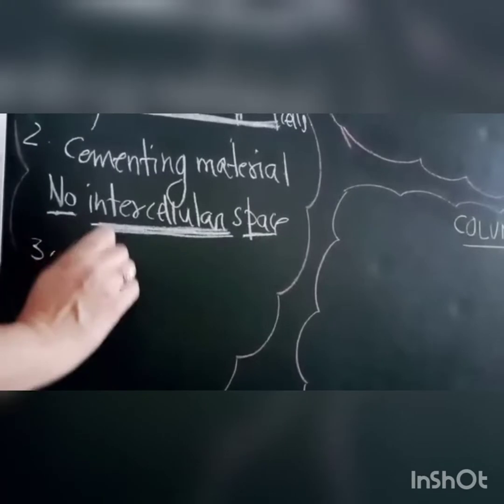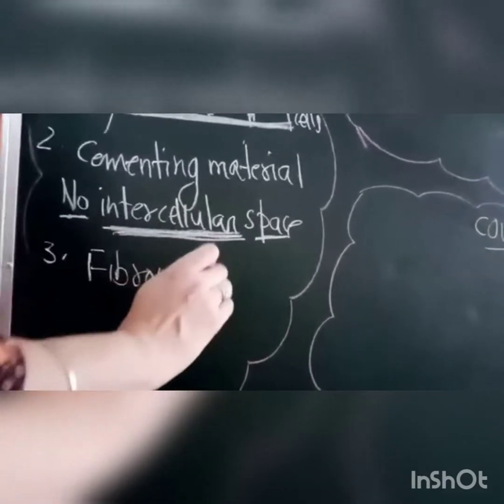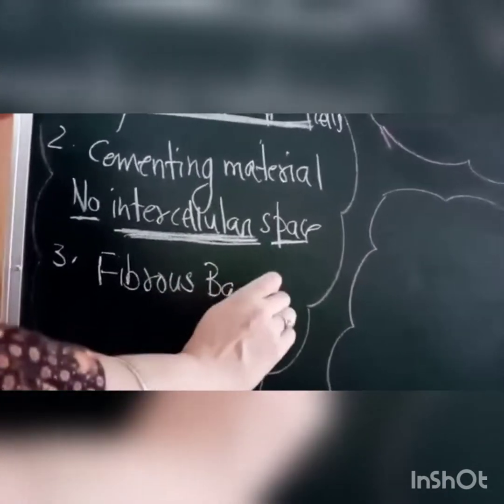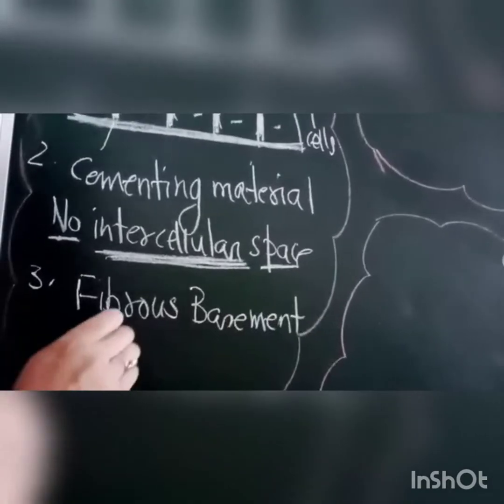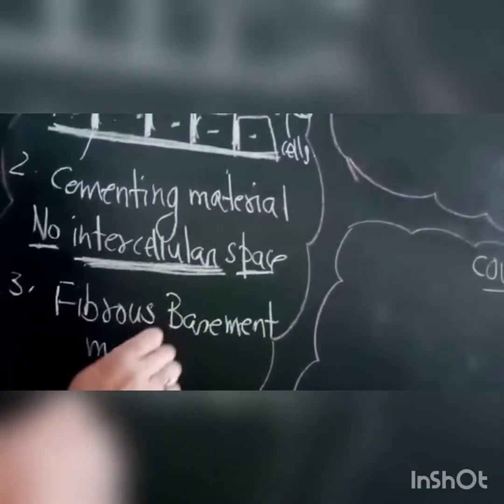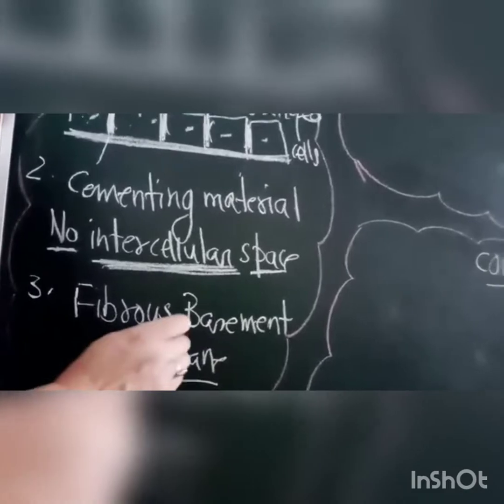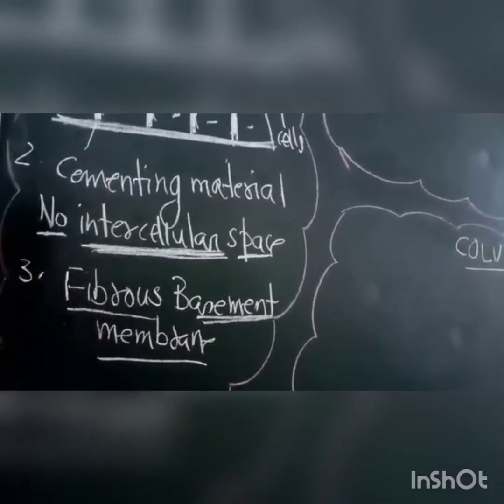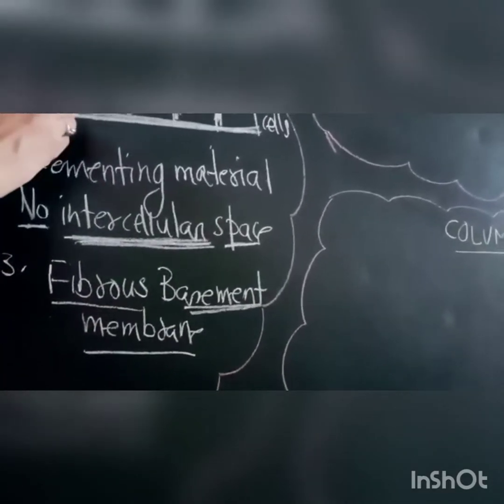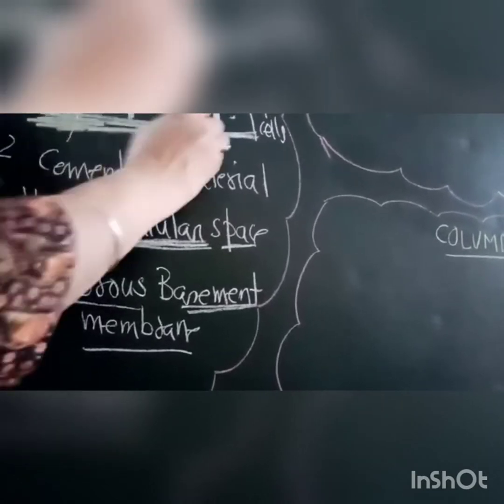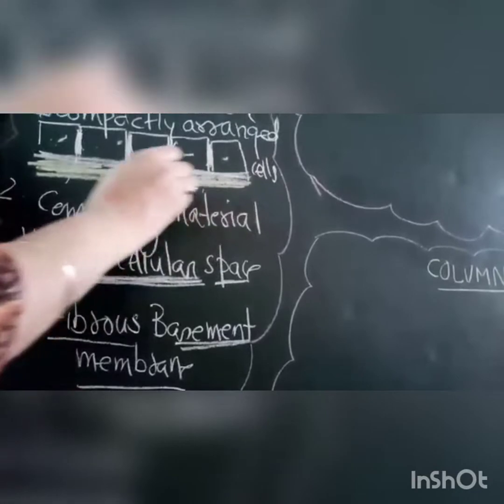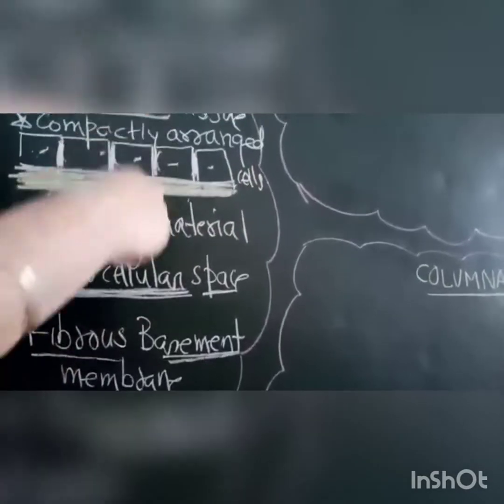The main feature, my dear students, is the presence of a fibrous basement membrane in them. These tissues have at the base a layer of fibrous tissue that separates them from the underlying tissue.